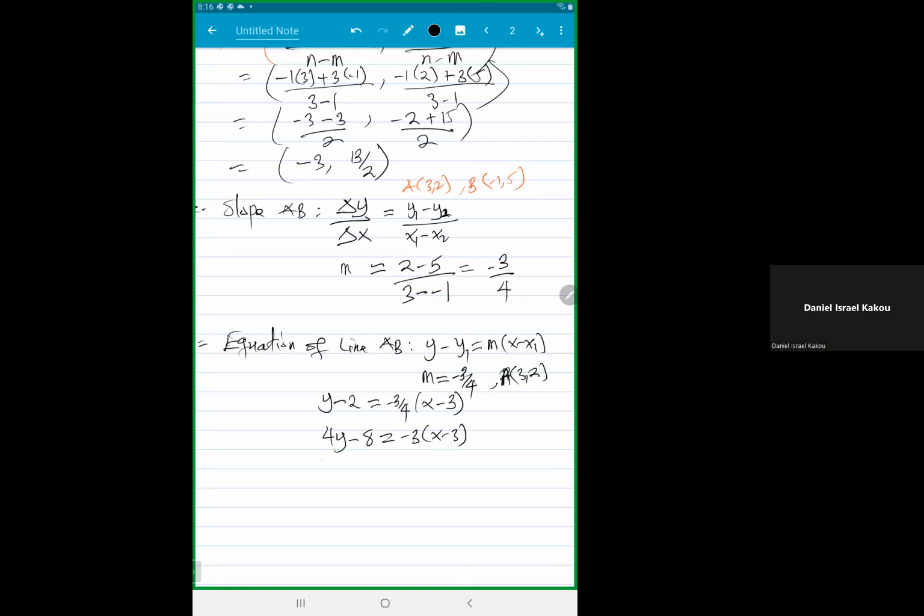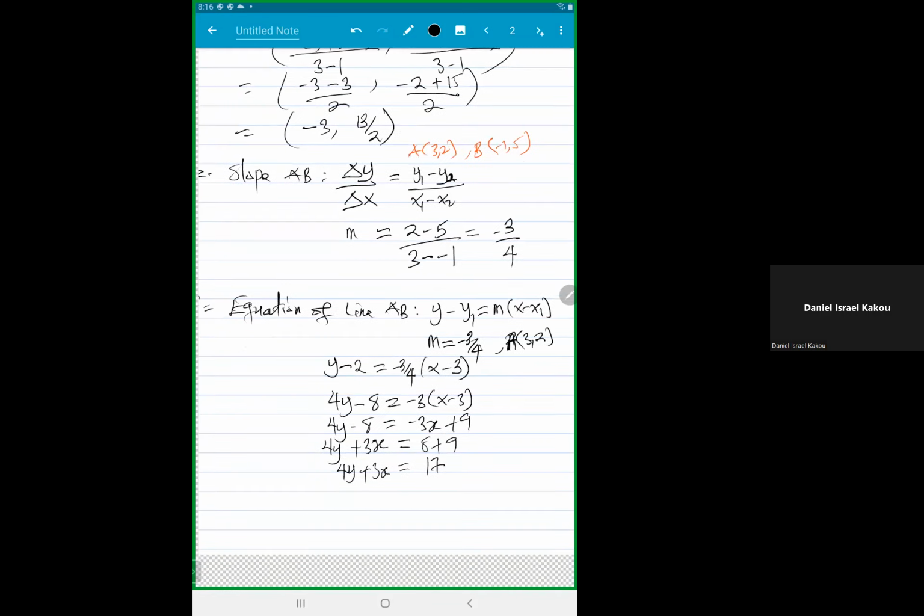Then I go ahead and expand the bracket. That would be minus 3x plus 9. So the equation of the line is 4y plus 3x is equal to 8 plus 9, which is finally 4y plus 3x is equal to 17.